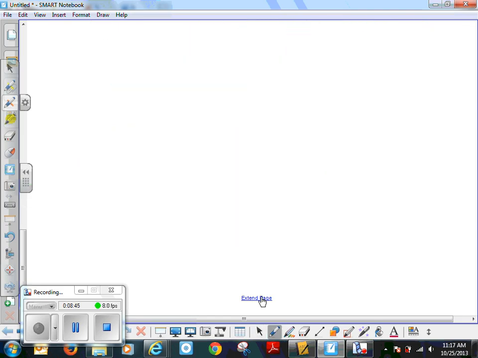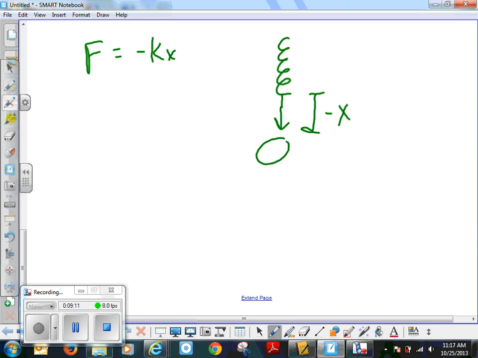Okay, so let's look at how this works. First of all, force equals negative kx. Force is a vector, right? Why is it negative kx, then? Because x is the displacement, right? So here's my spring. If I move the spring downwards, my displacement is in the negative x direction. Once I get down here, the spring is going to want to pull me back up.